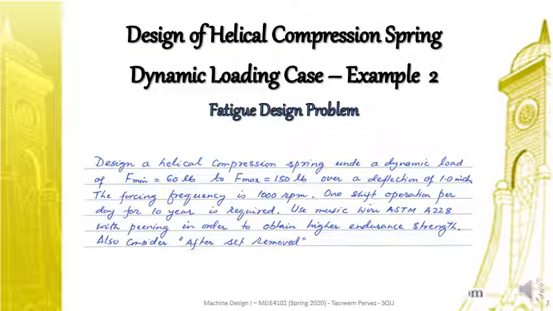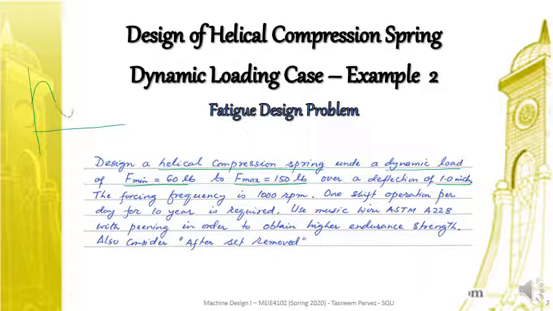I'm going to go faster in this problem. You see over here what we have to do is the second question: design a helical compression spring against a dynamic load. Minimum load is this, maximum load is this, and deflection is here. Here you notice that the load is given, minimum is 60 pound, the maximum is 150 pound.